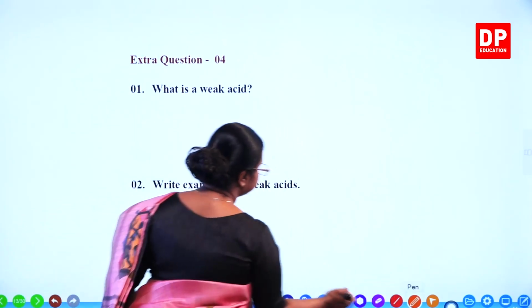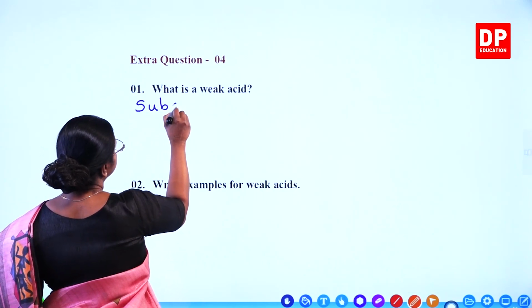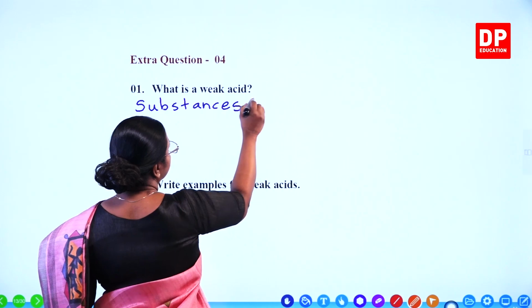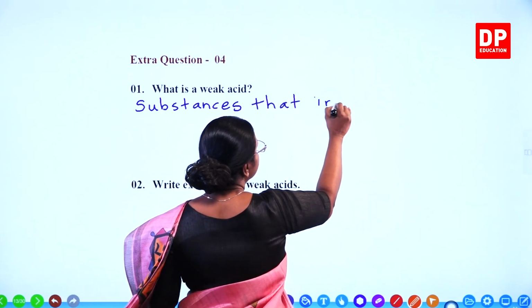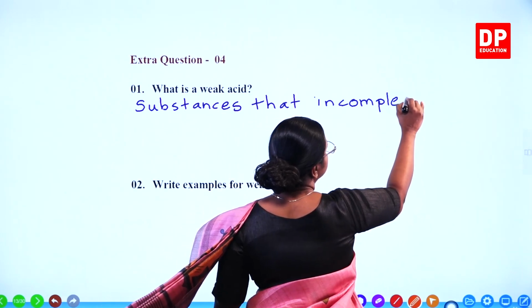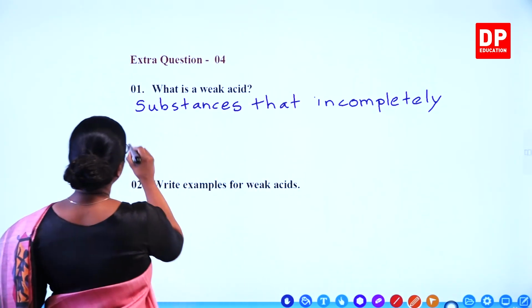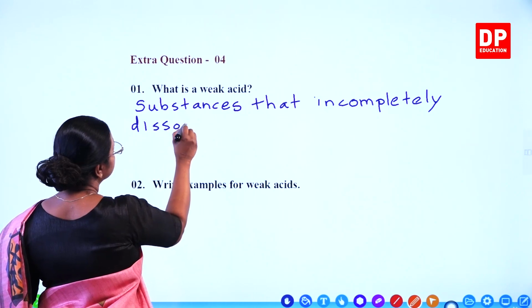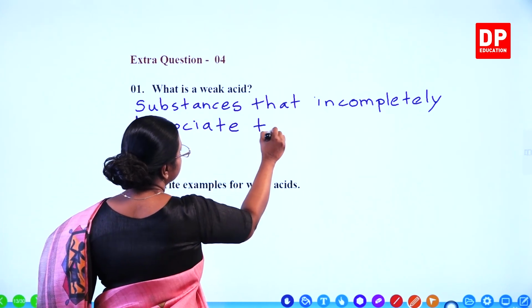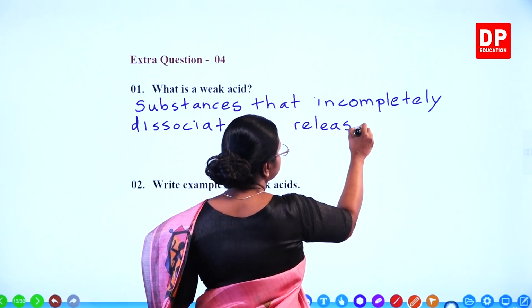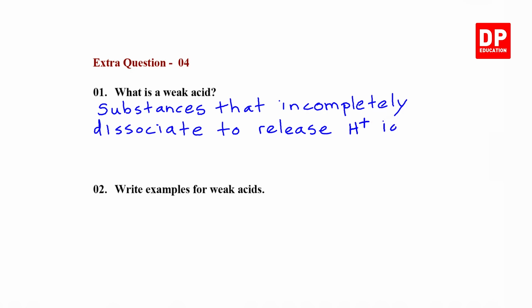So, here substances that incompletely, you can use the word incompletely or partially, incompletely dissociate to release H plus ions in aqueous medium.